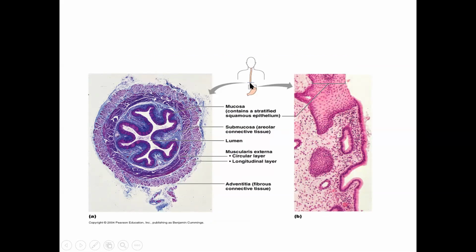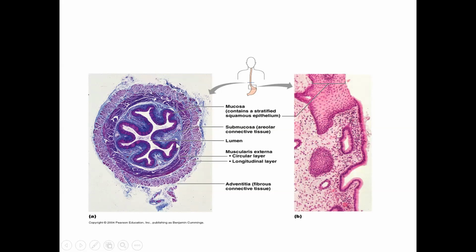The wall structure I gave you is the general view of the tubular wall. Now we're going to look at the specific parts of this GI tract. The first part is the esophagus. If you look at where this cut is made, it is closer to the stomach.